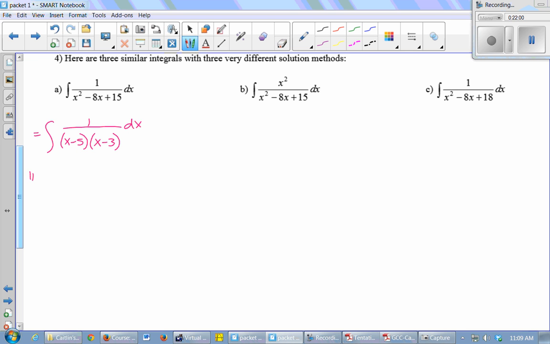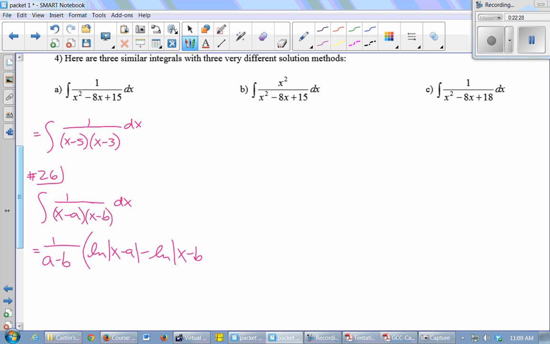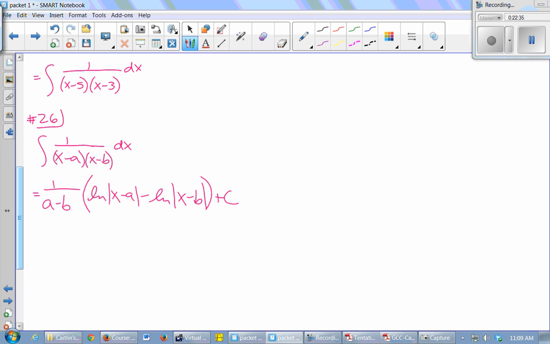So number 26 says that the integral of 1 over x minus a times x minus b dx equals 1 over a minus b times the ln of x minus a minus the ln of x minus b plus c. So in my case, what is a and b?